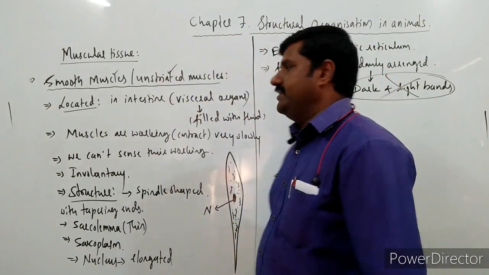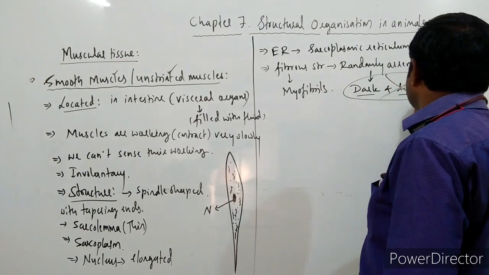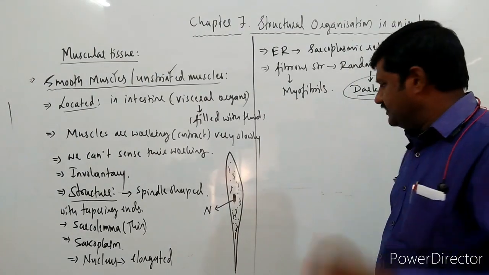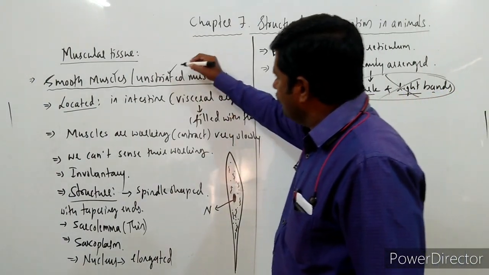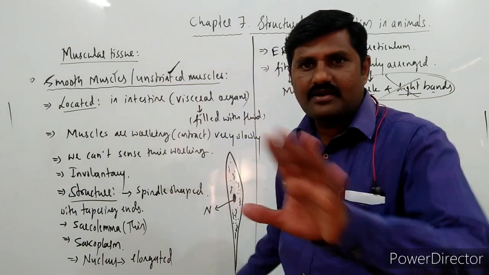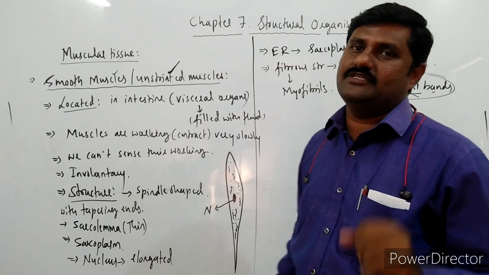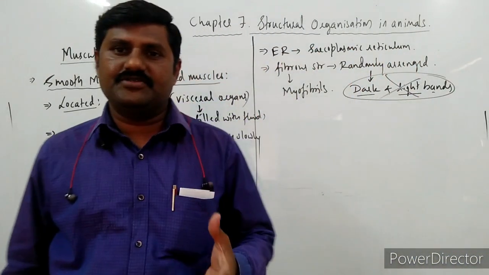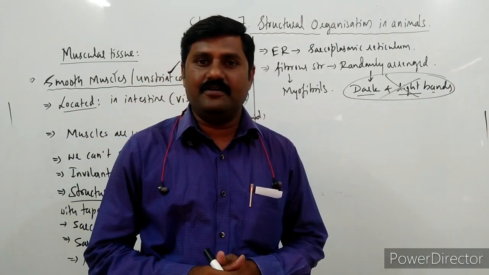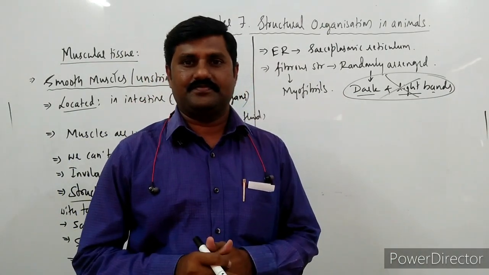As I said, dark as well as light bands are not seen on this muscle fiber, so that is why they are called as unstriated. There are no striations at all. Striations in the sense that I will show the bands in the next type of muscle fibers.